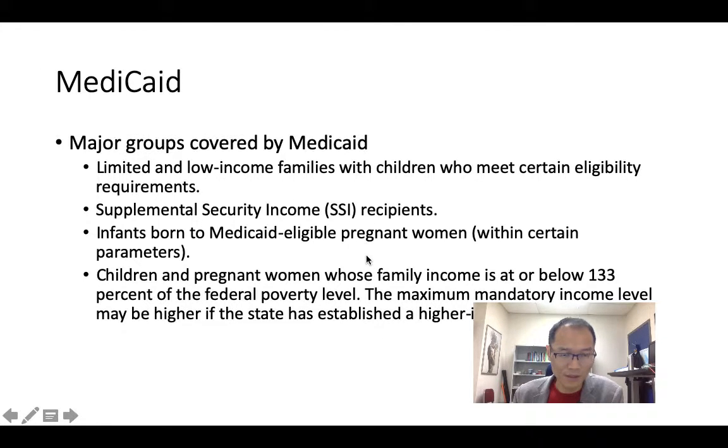So this is federal rules. Of course, states have different rules or different coverages for their own Medicaid program. Some states are way more generous than other states, especially when it comes to the coverage for childless adults.